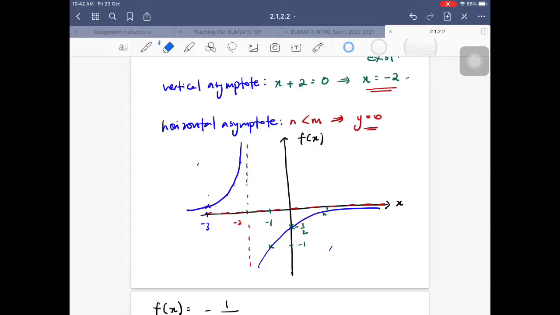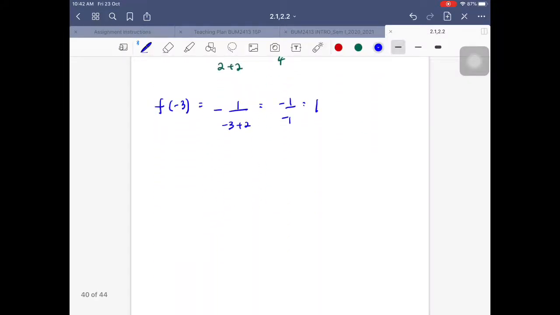It's going to be further up, so let's say this is going to be 1, just to match on this side. So my graph is going to look something like this. It doesn't have to be exact, it's just a sketch, remember? We just want to know basically how it's going to look.